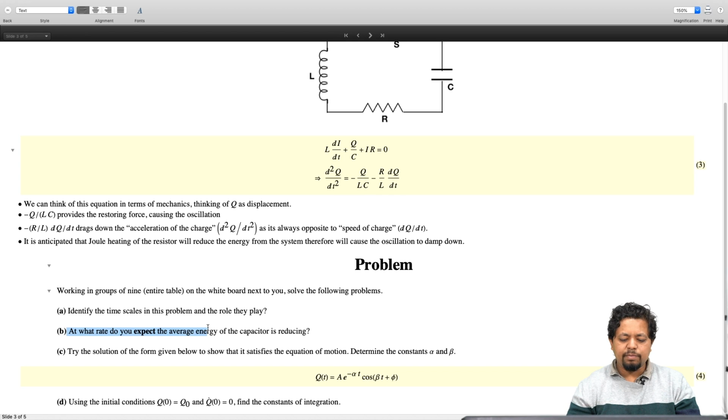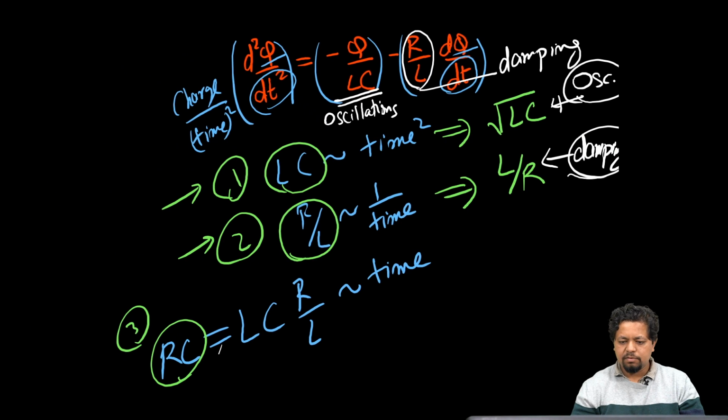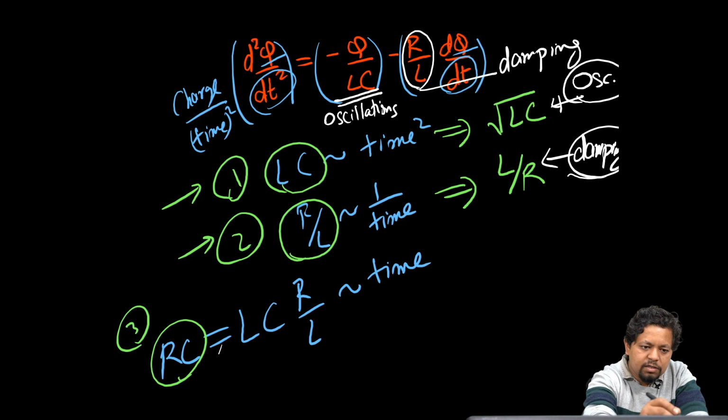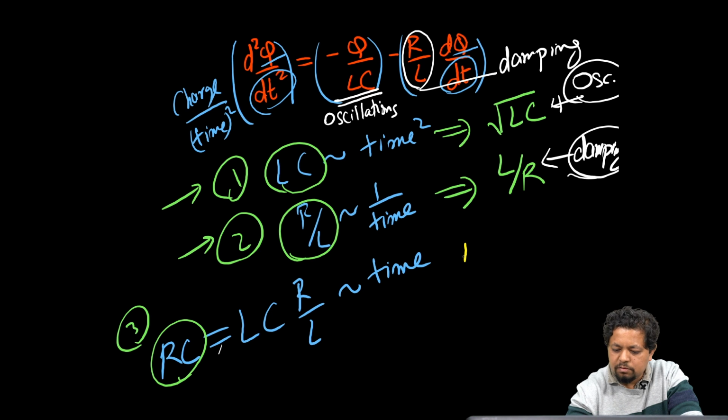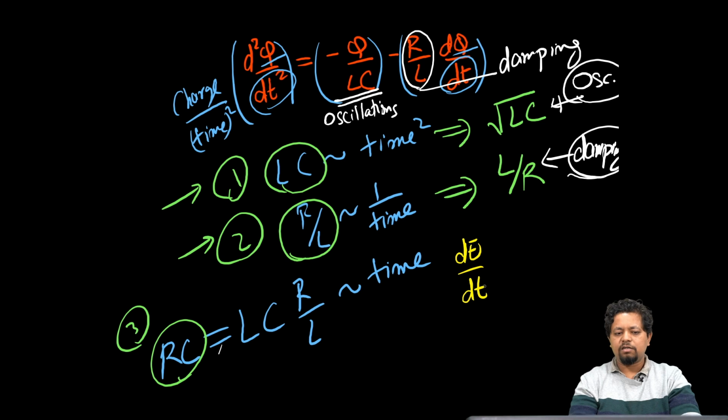It says, at what rate do you expect the average energy in the capacitor to be reducing, and we can do that estimation based on the dimensional analysis that we have done. Let's think about that. I want to find dE over dt. To estimate that, I can use dimensional analysis, and dimensional analysis simply says that the numerator has dimensions of energy.